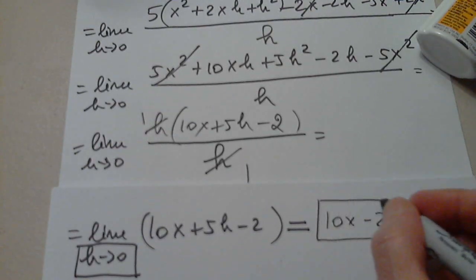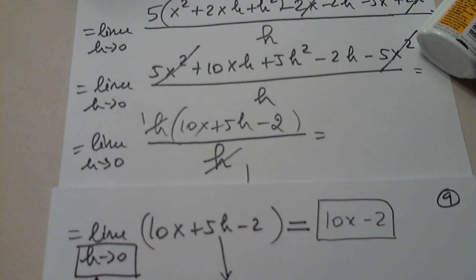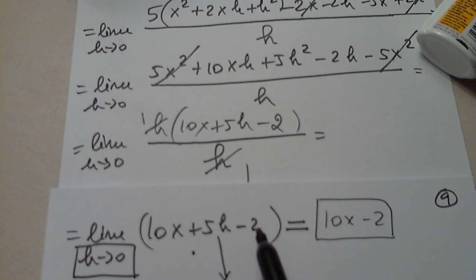This is it. Thank you very much, because h approaches 0. This is the only term that goes away. No one can touch 10x. There is no indication about 10x or x. And no one can touch negative 2.